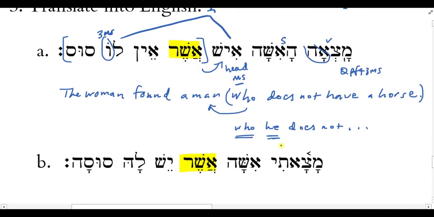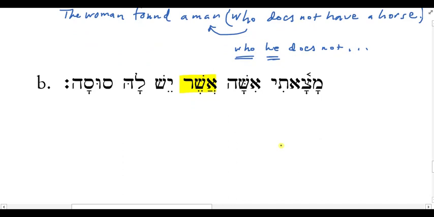Okay, great. So let's look at letter B here. I have "matzathi." So who's the subject of that? Yes, that's 1CS, isn't it? So I found "isha," a woman, or a wife.